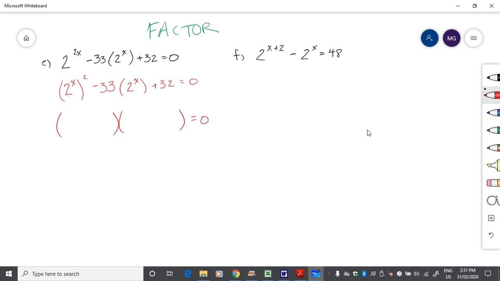Two numbers that multiply to give 32 and add to give 33 is negative 32 and negative 1. And what was it that was squared? What was it that was the single something? 2 to the x. That if we come in on this line, you guys can then jump to this as a next line. Sorry, I got a little ahead of myself there.